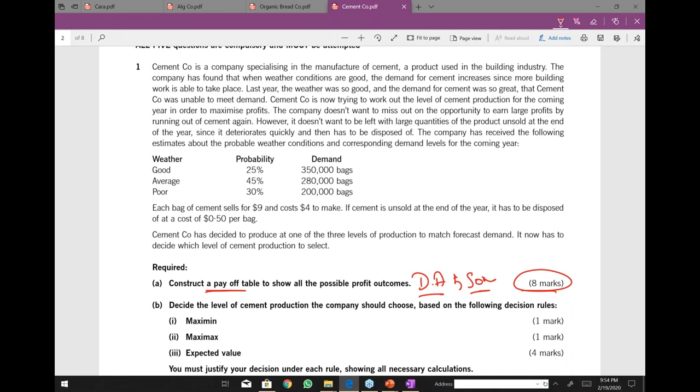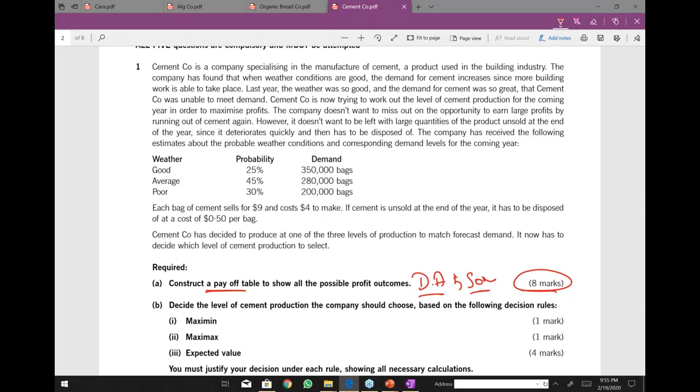Cement company is a company specializing in the manufacture of cement, a product used in the building industry. The company has found that when weather conditions are good, the demand for cement increases since more building work is able to take place.